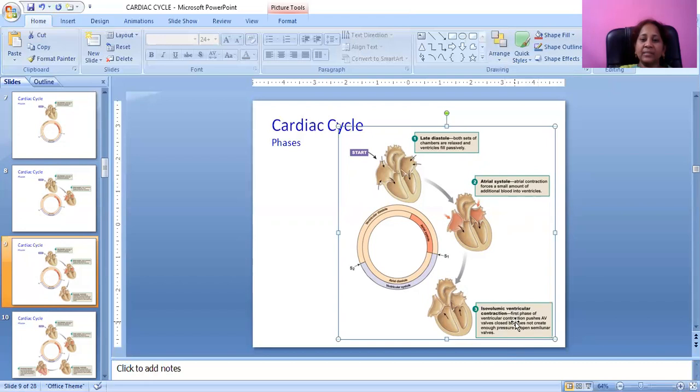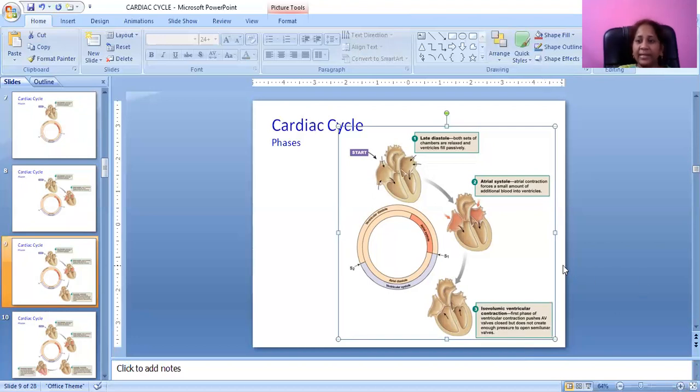Then next is isovolumic ventricular contraction. First is late diastole, in which both sets of chambers are relaxed and the ventricles fill passively.